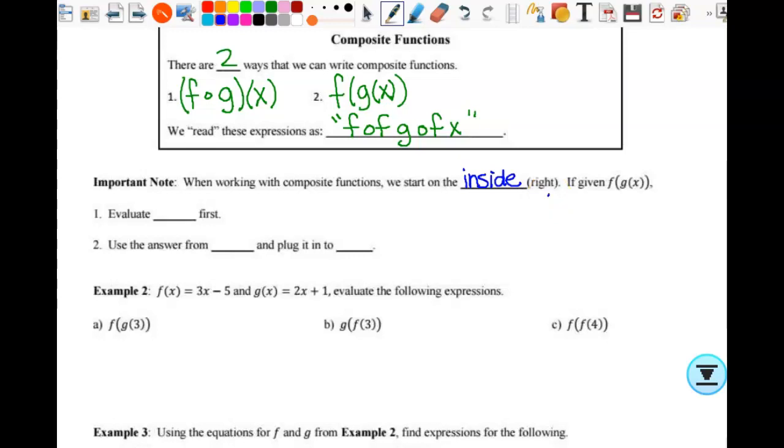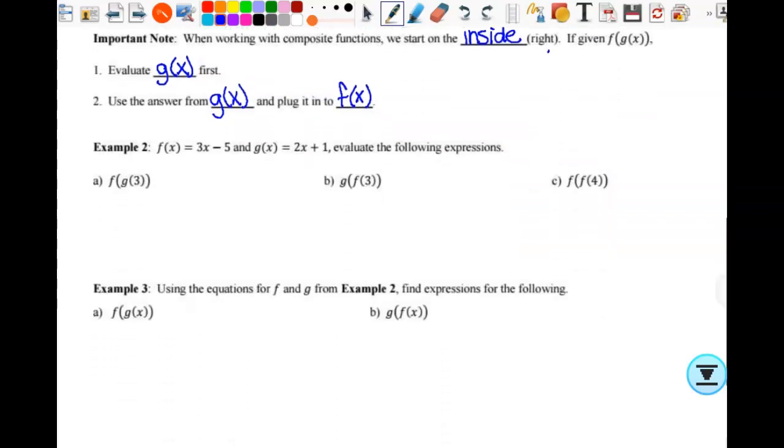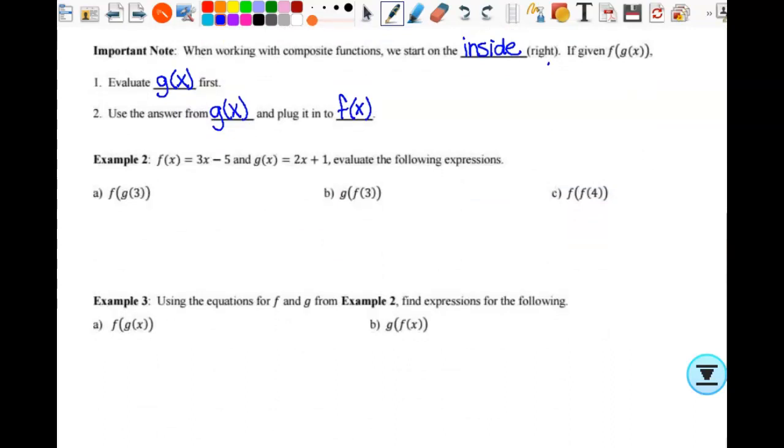If you're given F of G of X, we evaluate G of X first. Then we use the answer from G of X and plug it into, substitute it into F of X. Everybody good with that? Work from the inside out.